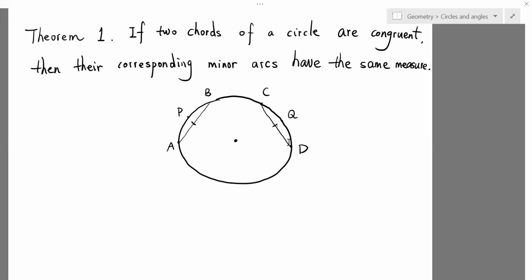So indeed, what we really want to prove here is the measure of the central angle BOA and the measure of the central angle COD are the same. Well, but if the measure of two angles are the same, then those two angles are going to be congruent to each other. Hence, what we are supposed to prove is, in fact, the congruence between those two angles, BOA and COD.